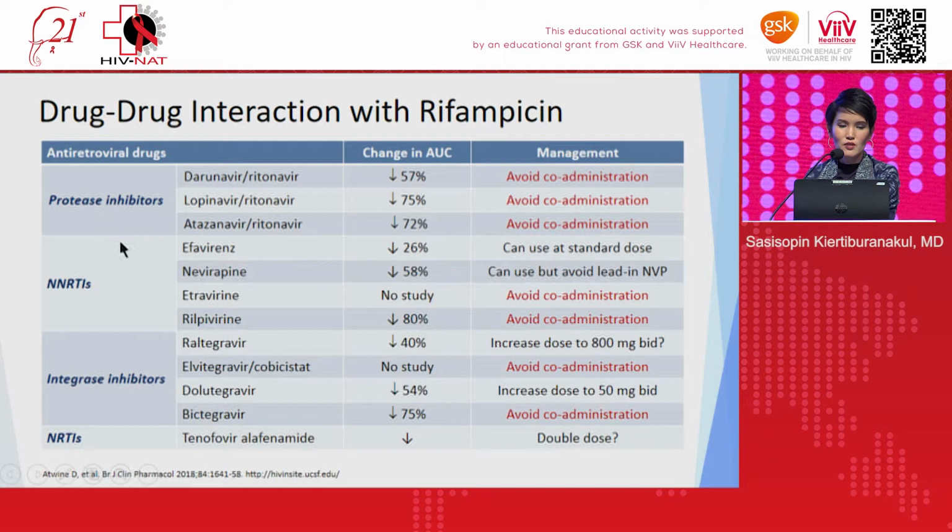For PIs, we should avoid all the class. For NNRTIs, there is data about efavirenz, and nevirapine if you want to use it. And for etravirine and rilpivirine, we should avoid them. For integrase inhibitors, the data show that you can use raltegravir and dolutegravir. And for TAF, right now we have to wait for more data.